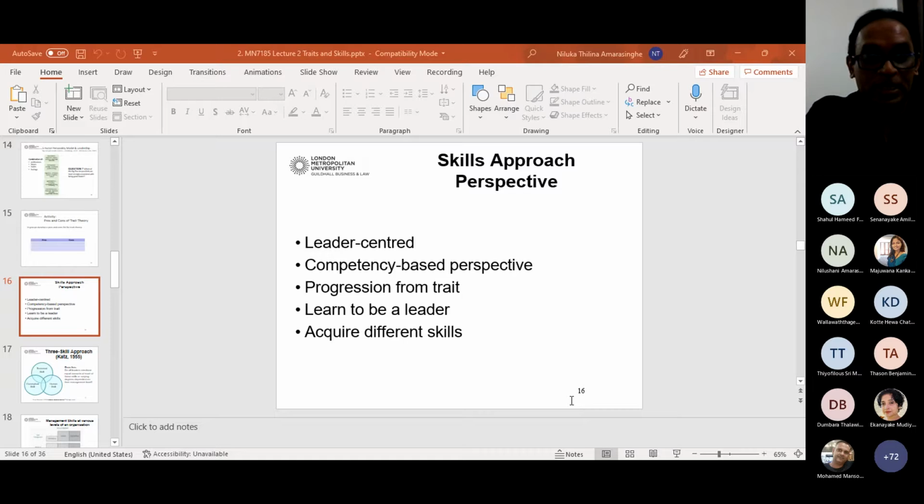Right? Leadership traits, skills, styles, situational leadership, transactional, transformational, servant leadership, authentic leadership.